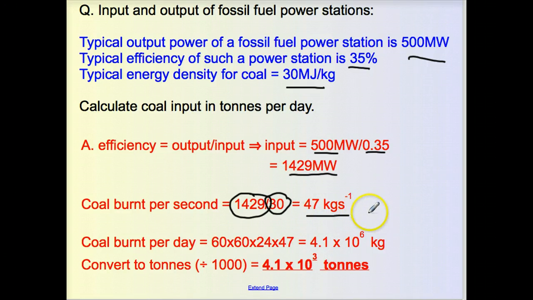We just need to scale that up now to the day: multiply by 60 to the minute, 60 to the hour, 24 to the day, and 47 kilograms. And we have 4.1 times 10 to the 6 kilos, or 4.1 times 10 to the 3 tons per day, 4,100 tons per day. Quite a lot of coal.